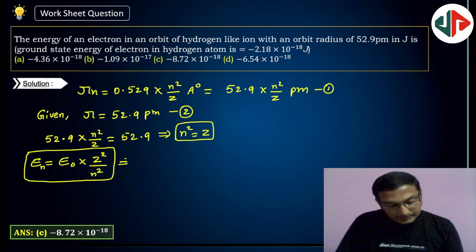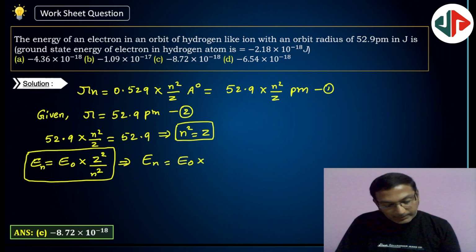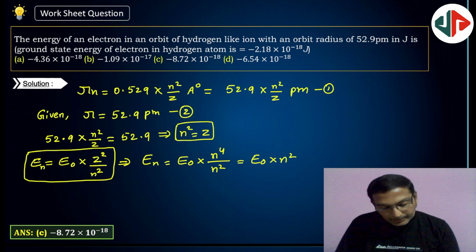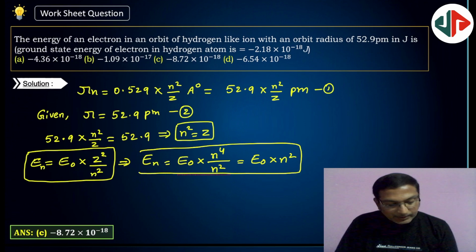Next, from this we have energy of nth orbit equal to energy of ground state. In place of Z we can write n square, that is simply n power 4 by n square, which is E naught into n square. So from this we can calculate energy.